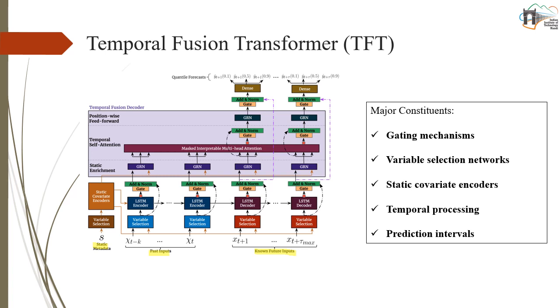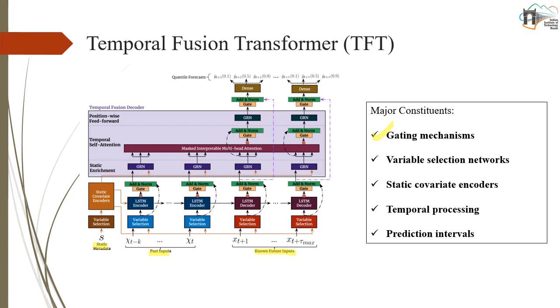Now, another better thing in our TFT, the first thing, is the gating mechanism. When we talk about the gating mechanism, our model incorporates this mechanism that provides adaptability and flexibility to the model's architecture.